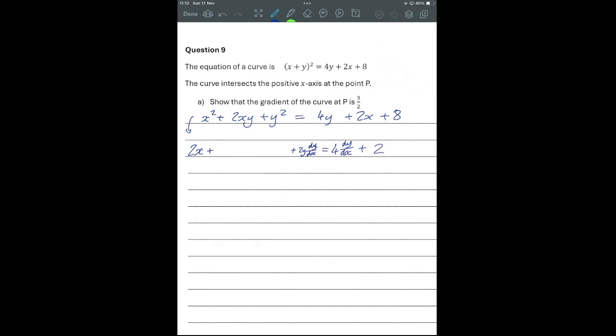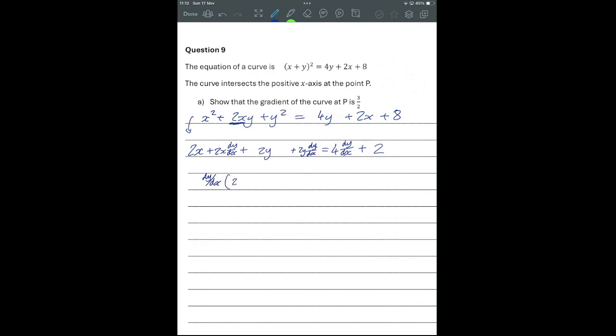And then finally, the 2xy is the most difficult term. We have to product rule that. So I could do the 2x multiplied by the derivative of y plus the y times the derivative of the 2x. Do that term slower if you need to. And we have this nonsense. We want the dy by dx, we want the gradient, so I'm going to rearrange this.